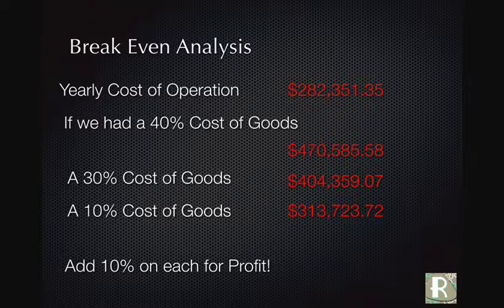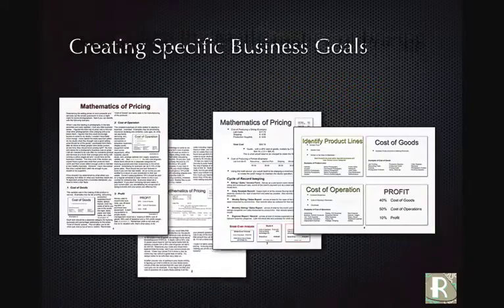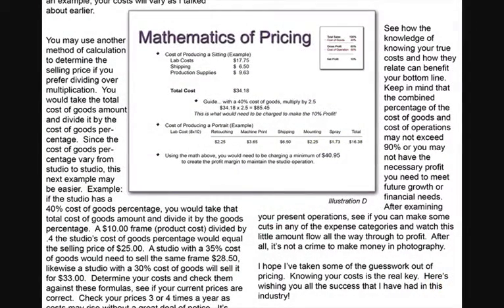Most studios are somewhere between 18 and 22% cost of goods, and we're going to be able to figure that in once we do the math. As you can see, back on page 3 of our mathematics of pricing, I've gone through the mathematics of pricing and how to take those examples through.